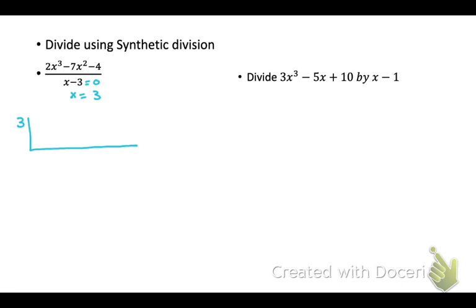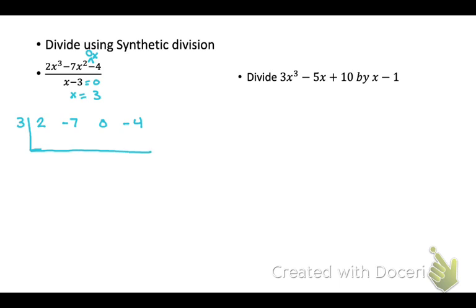Do I have any gaps? Yes, I'm missing an x to the first, so right in here there'd be 0x to the first. So my coefficients are 2, negative 7, 0, negative 4. Everyone following? Do you notice the gap I have? We're going to write another row of numbers there.